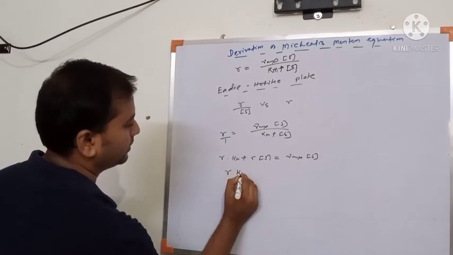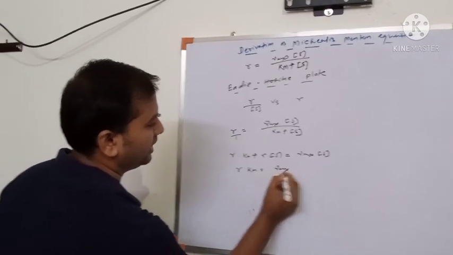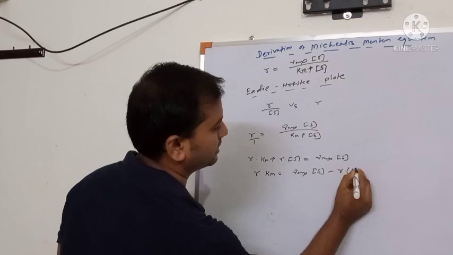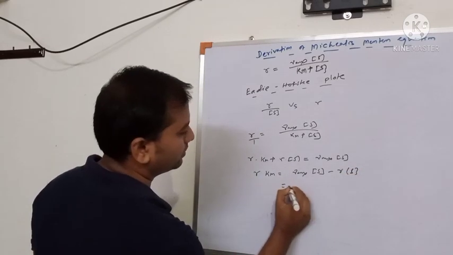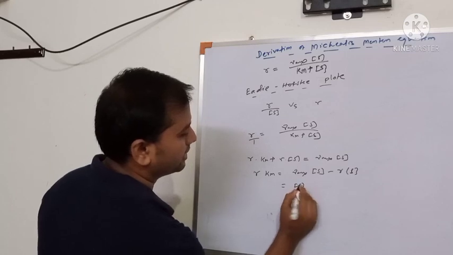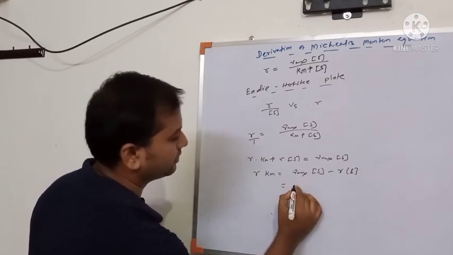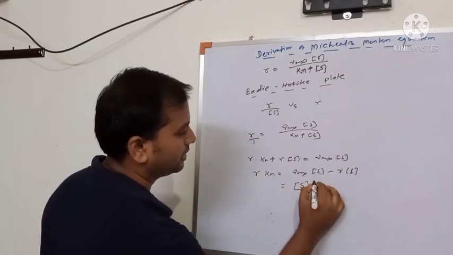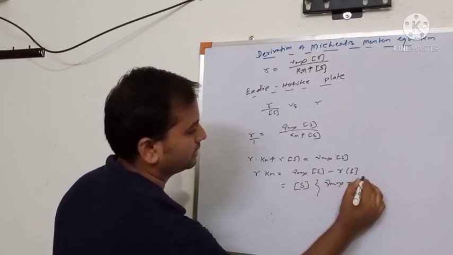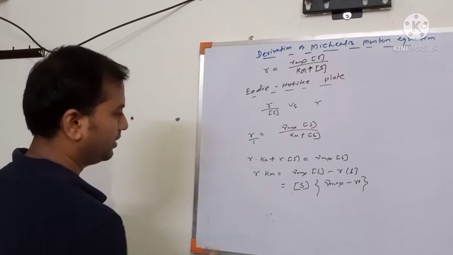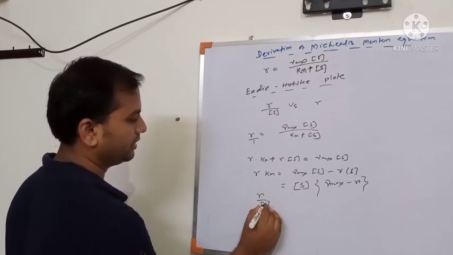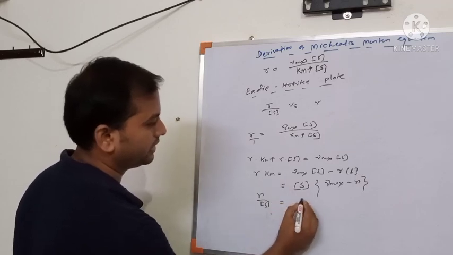Now R into Km equal to nu max into S minus R into S. So taking S common, S into nu max minus R. Now divide by S and also by Km.